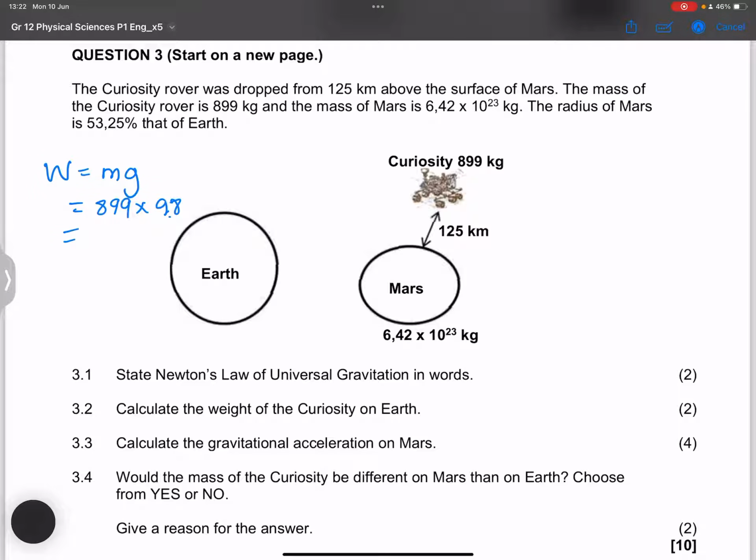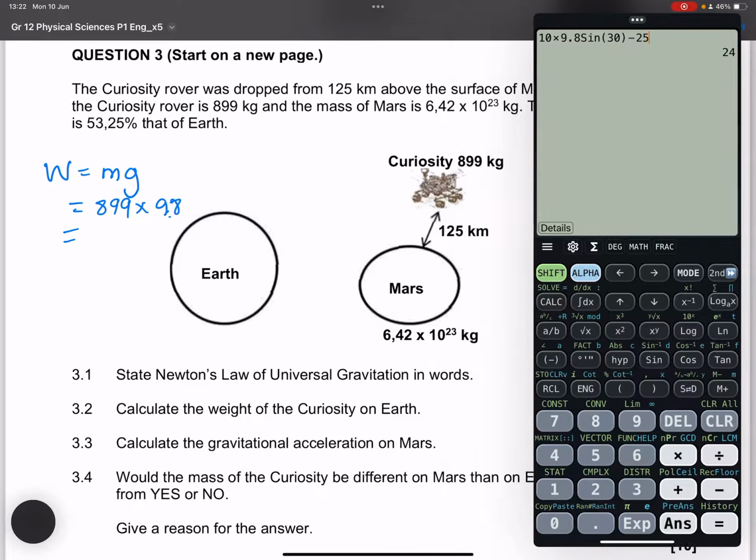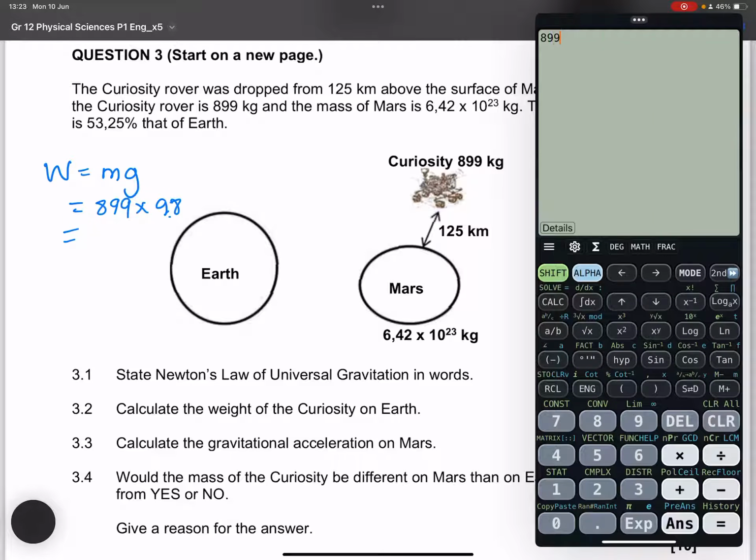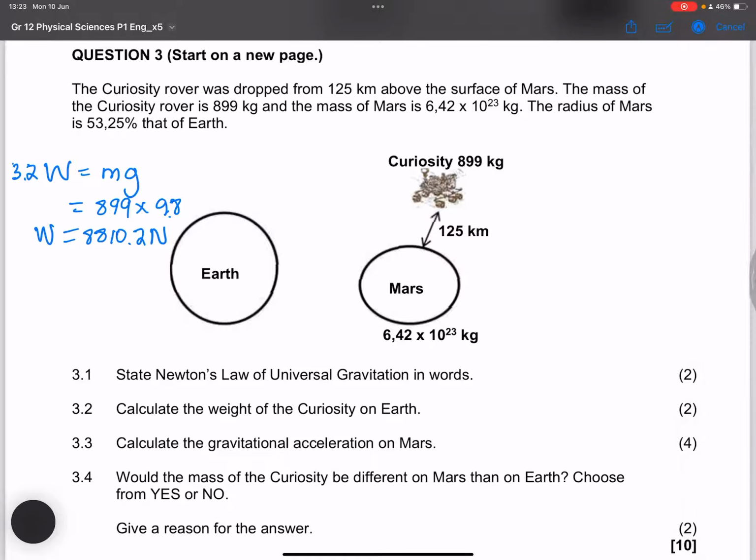If we calculate that, 899 times 9.8, we get a value of 8,810.2 newtons. That would be the value of the weight of the rover on Earth. So that's 3.2.